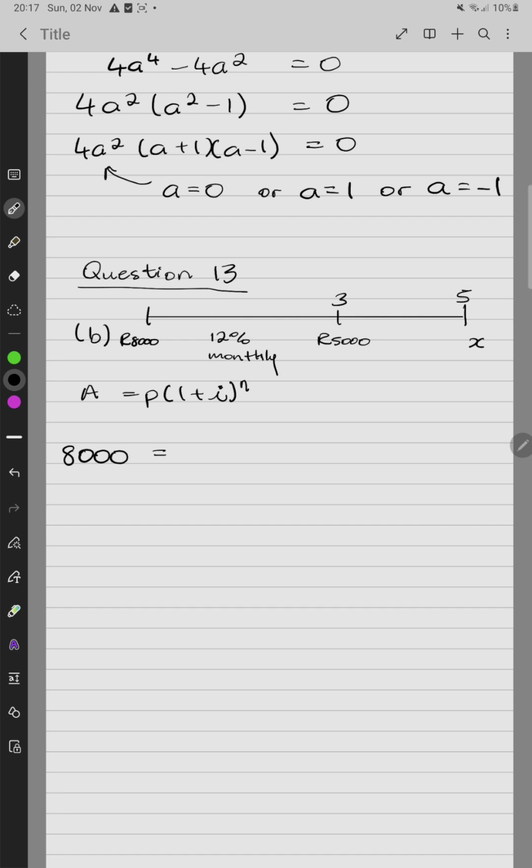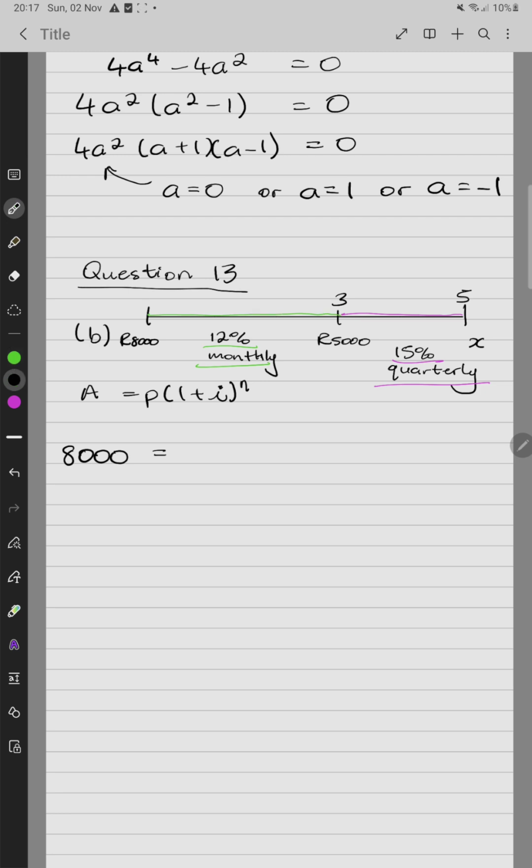And then it changed to 15% quarterly. It was after 3 years, if I'm not mistaken. Yes, after 3 years. So 15% quarterly was for this period here, and then 12% monthly is for this period here.